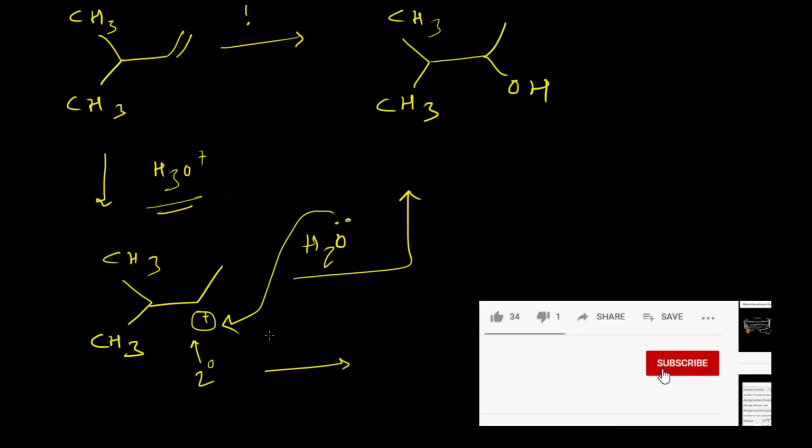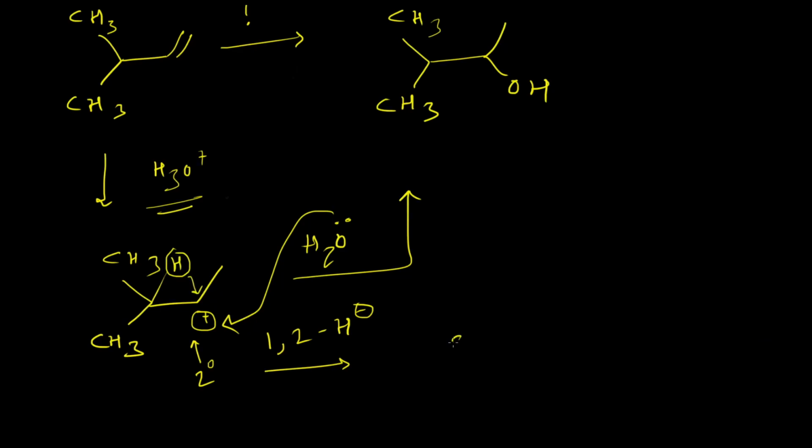So if there is a 1,2 hydride shift, this hydrogen can shift to this center as hydride and thereby produce a more stable carbocation, which is now 3 degree.